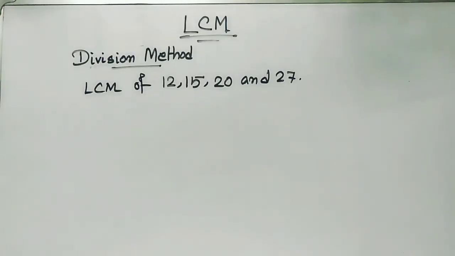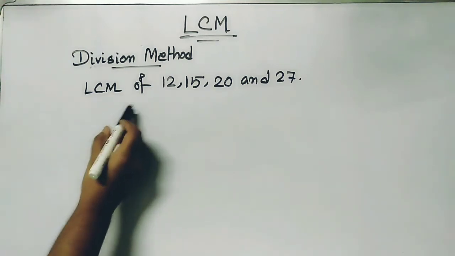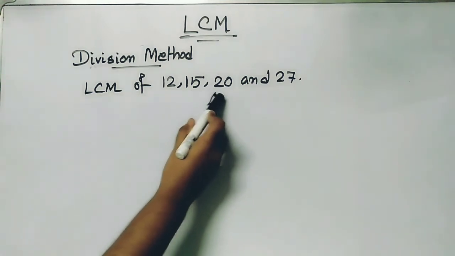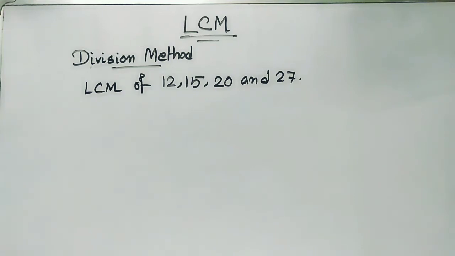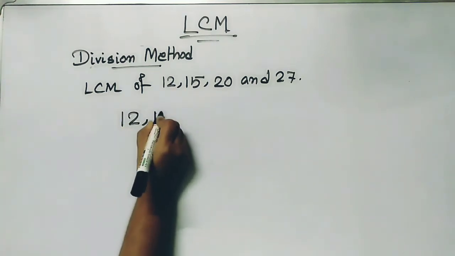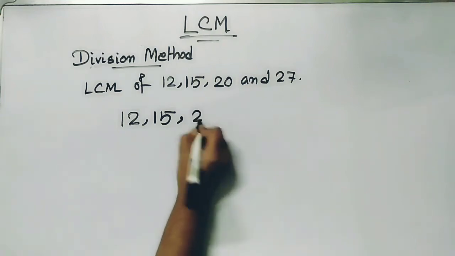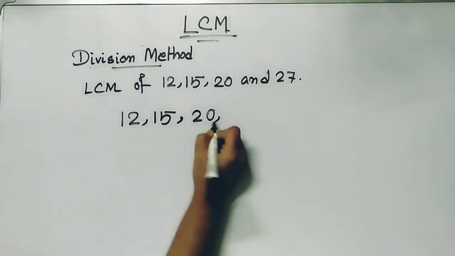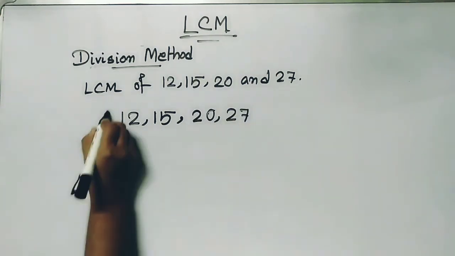Now we will understand the second method, division method. We will understand the division method by an example. So LCM of 12, 15, 20 and 27. So we have to find the LCM of 12, 15, 20 and 27. For this division method, we write these numbers 12, 15, 20, 27.